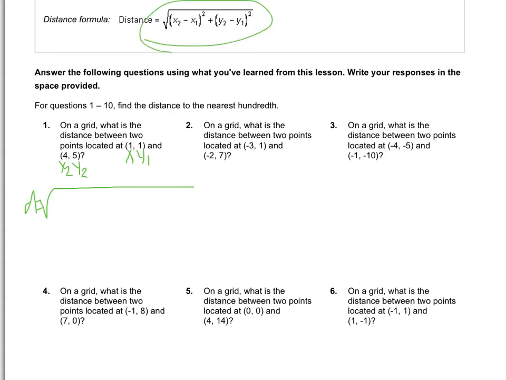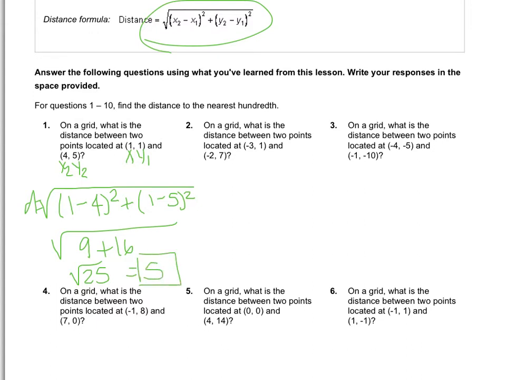And it says the distance is equal to the square root of x1, which is 1, minus x2, which is 4, squared, plus y1, which is 1, minus y2, which is 5, squared. Well, 1 minus 4 would be negative 3, and negative 3 squared would be 9. 1 minus 5 would be negative 4, and negative 4 squared would be 16. And 9 plus 16 is 25. And the square root of 25 is 5.